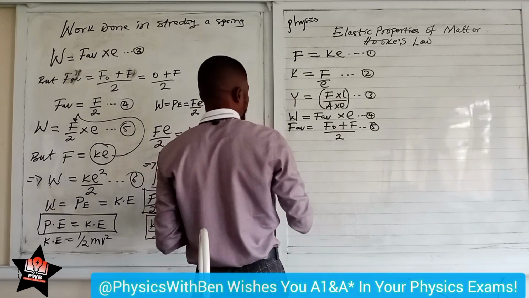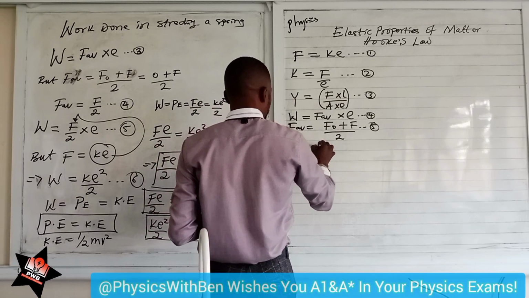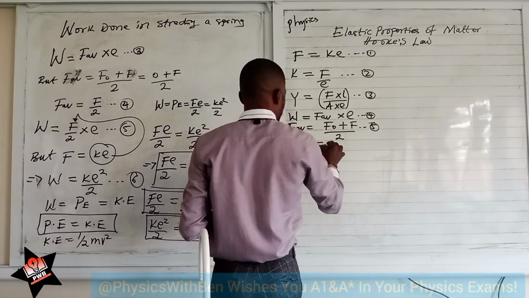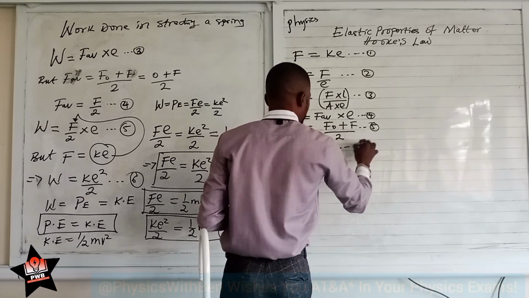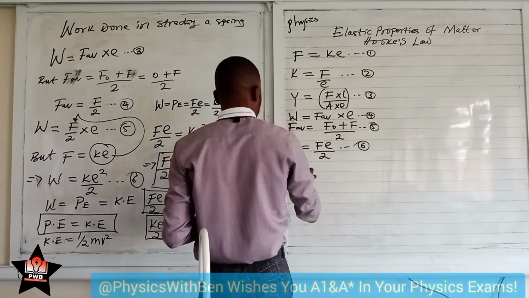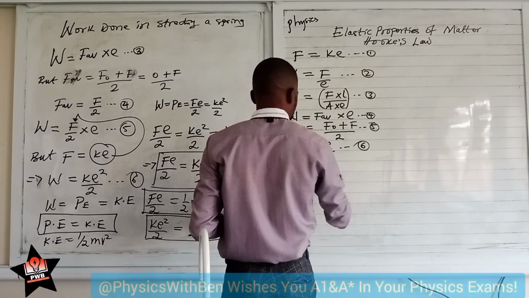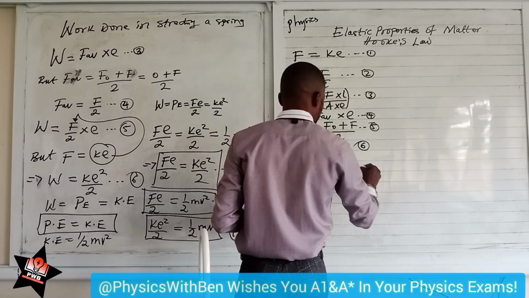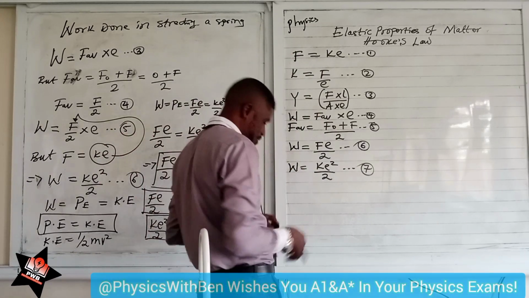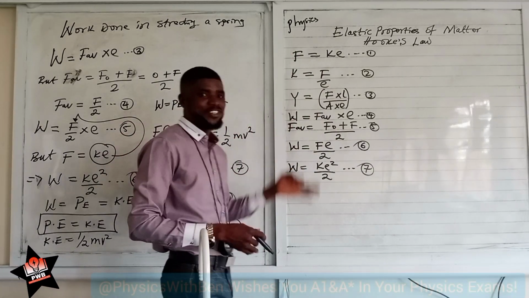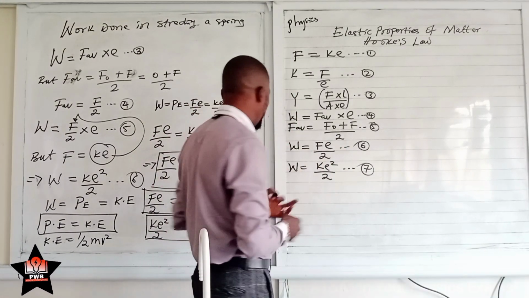We also have work done is equal to Fe all over 2, equation number 6. We have work done is equal to Ke squared all over 2, equation number 7. These are all equations that we have used in the other videos, so we just copy them down and then work on them.